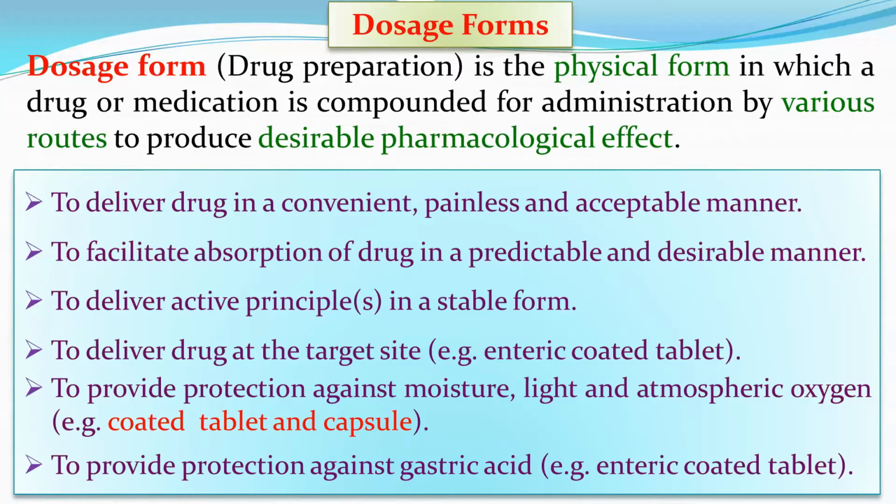The same thing, the enteric coated tablets, many are gelatin coated tablets. Enteric coated tablets means whenever the drug is in the gastrointestinal system, it should not get destroyed by the gastric acid. That's the very specific aim of this particular coating.